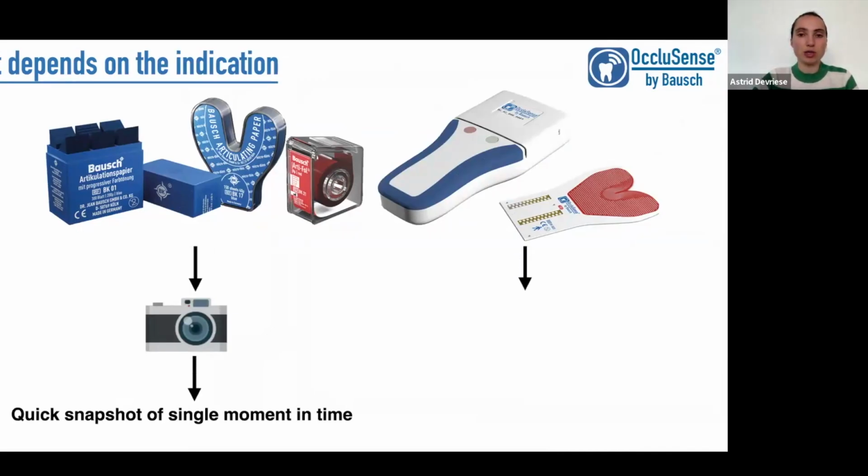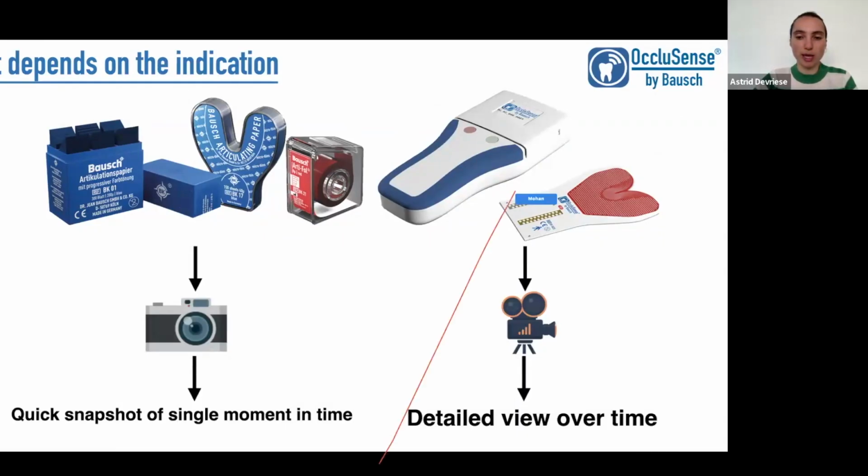And I use the OccluSense if it's more important to see a movement of teeth over time, so to be able to compare it, for example if I have a really difficult patient who has a lot of pain, and I really want to see before and after the reconstruction, for example.